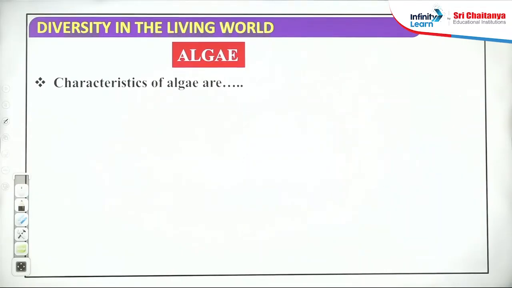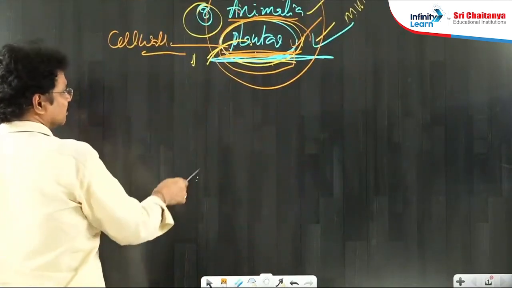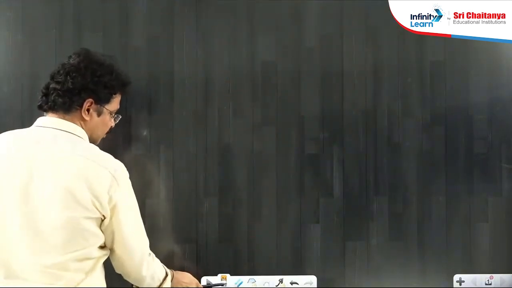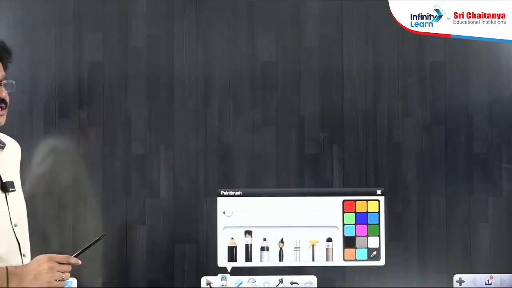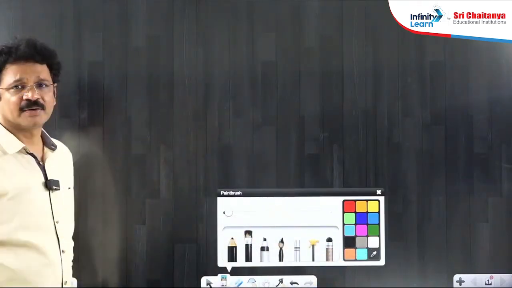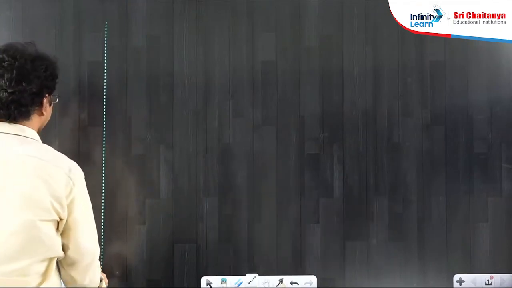Before going to the detailed account of algae, how to learn a wide concept or comparative account of all the members of the plant kingdom? Try to note down a 5-column chart.